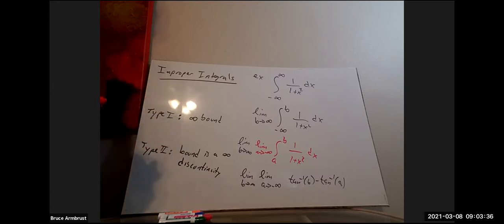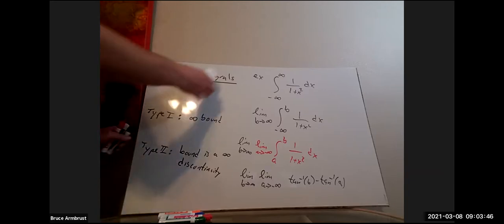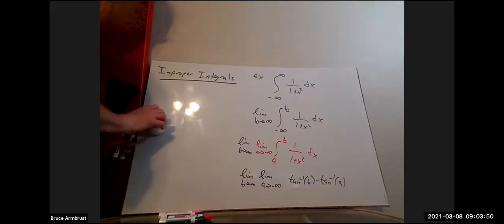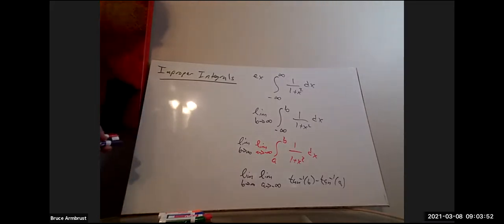All right, well, let's see what happens there. Now, I don't know how well you remember your inverse tangent, so I'm going to help us out a little bit with the graph of inverse tangent. Let me do that over here. We'll actually start with the graph of tangent.